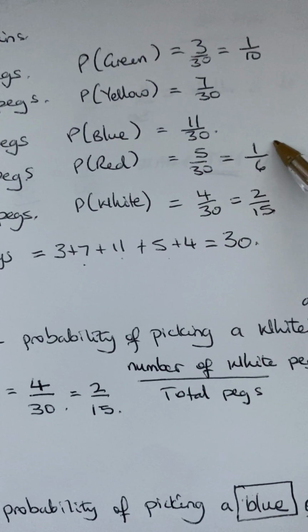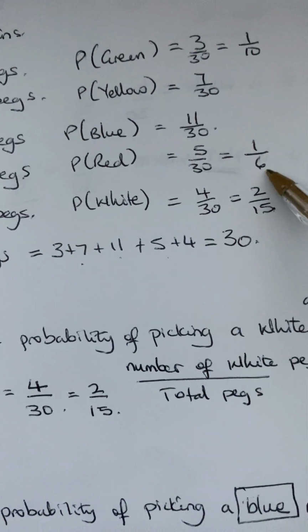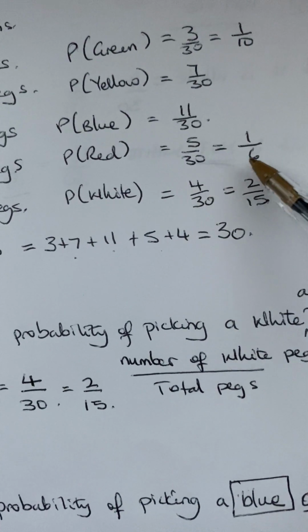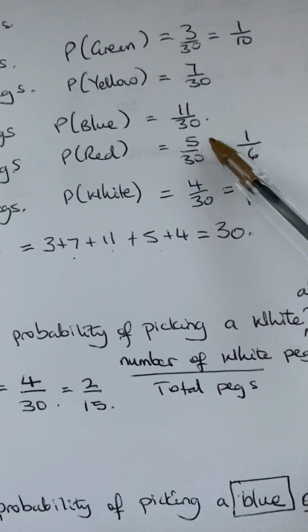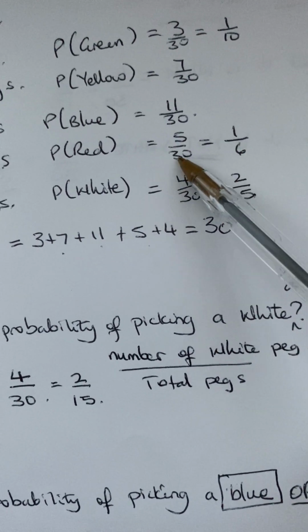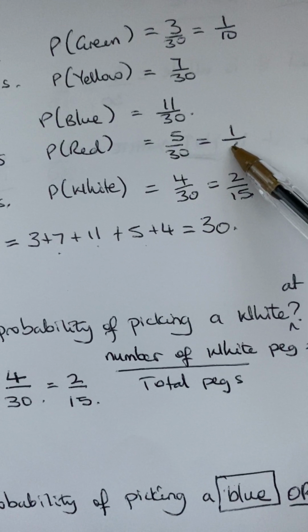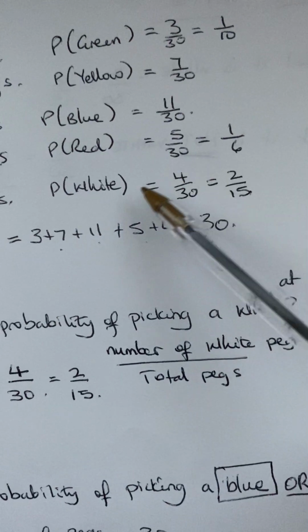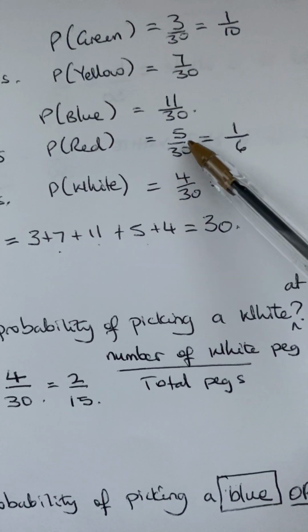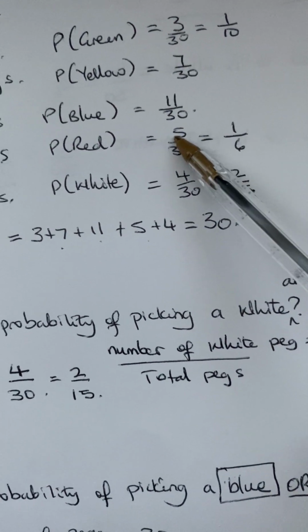So if I reduce it to the lowest form, 1/6, this and this are identical. We've done a lot of this in the beginning videos, so at least by now I'll expect you to understand 5 is a factor here.